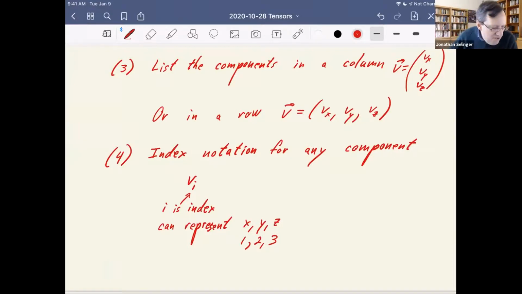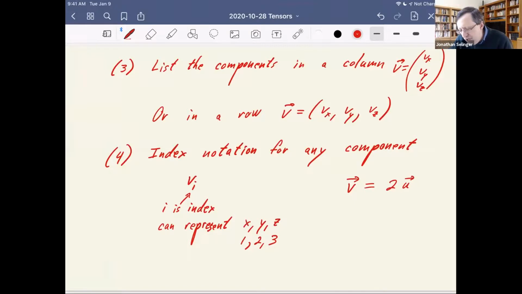Right? This is useful for writing vector equations. That is, if we have the general vector equation that V is 2 times U, right?